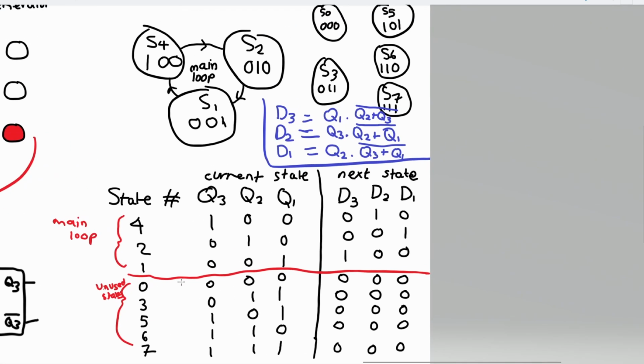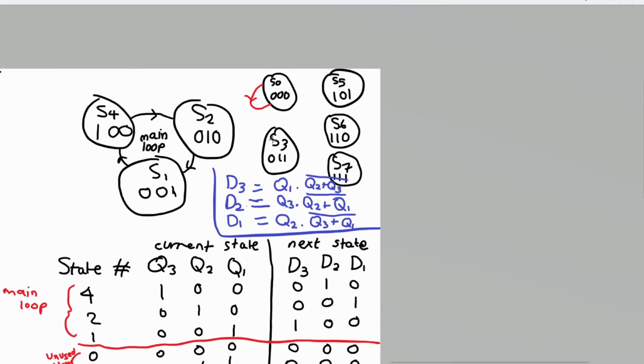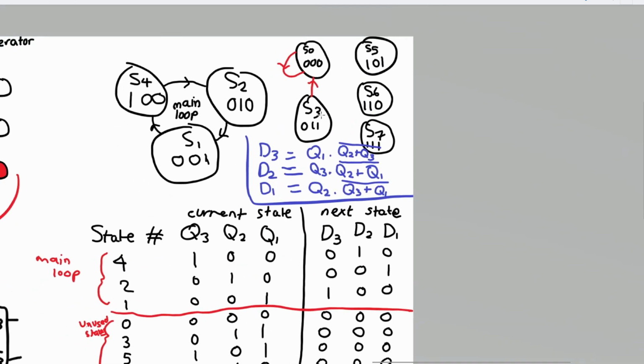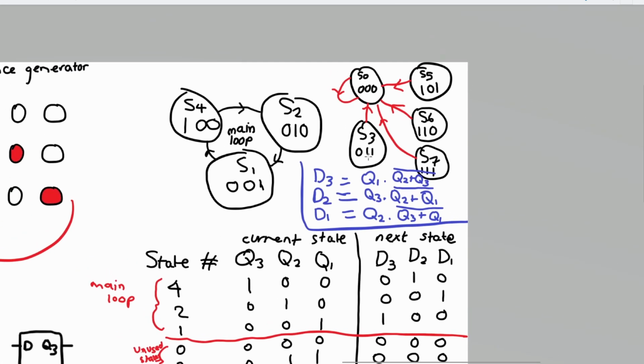So if 0 leads back into itself, state 3 leads back into state 0, state 5 goes to state 0, all of them go to state 0. So this is what's known as a stuck state.